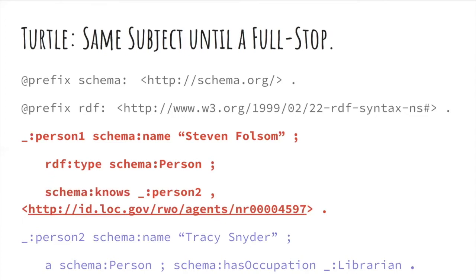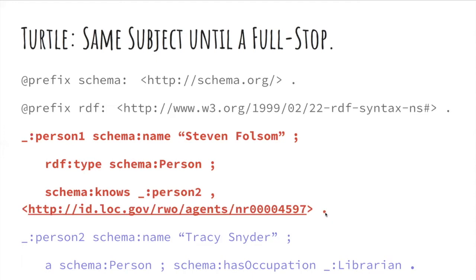And I mentioned this before, but you continue to say something in RDF about a subject all the way up until a full stop. So we know person 1 has schema:name Stephen Folsom, they're a person, they know 2 people, and we stop reading statements about person 1 when we see this full stop.